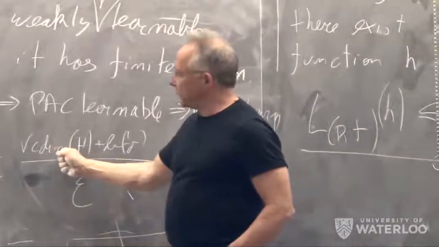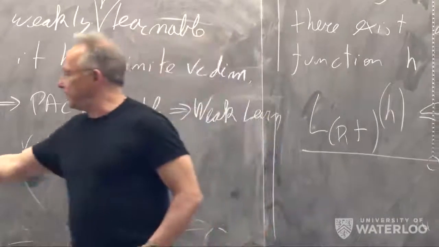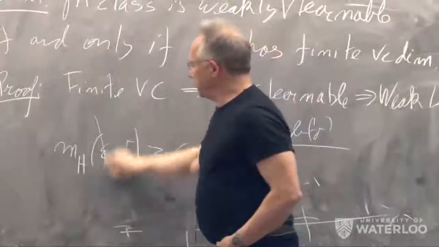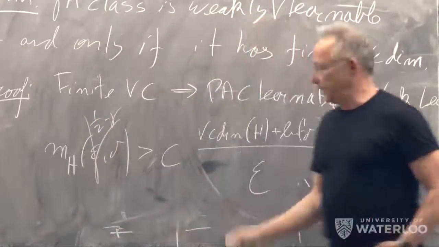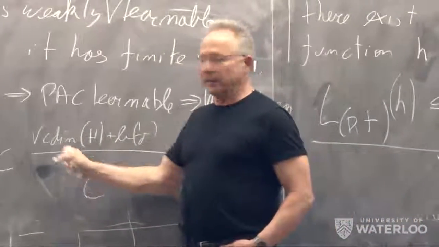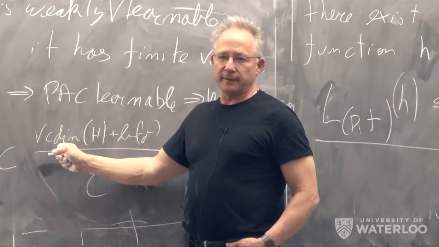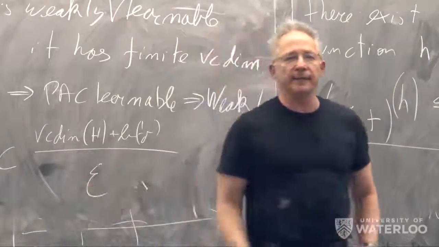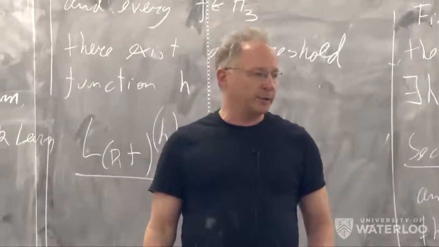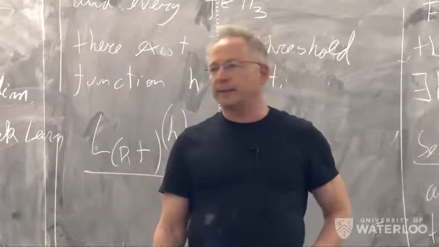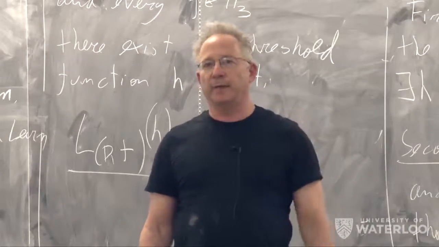So if the VC dimension is infinite, this is going to be infinite, even if here, instead of epsilon, I put half minus gamma. It will still be infinite. So here I'll have half minus gamma, but if the VC dimension is infinite, I will still need infinitely many examples. So it doesn't give us any new classes. It is just a matter of computational efficiency. OK, so next time we will see some real boosting algorithms and how they are implemented in practice.